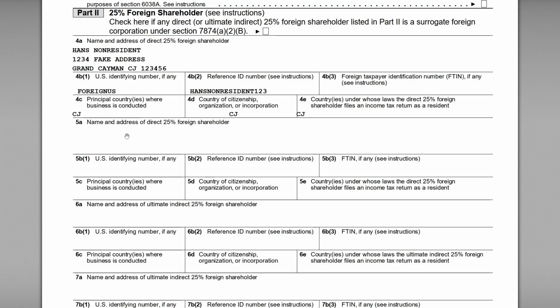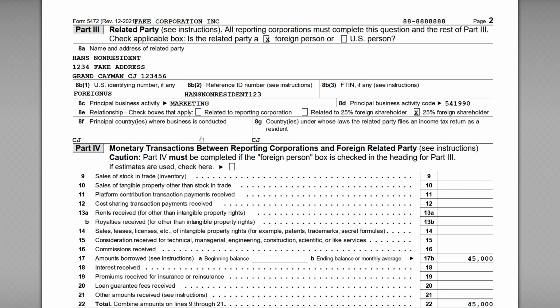Now, if you have multiple shareholders, so let's say Hans owned 50%, and then his friend Mark was also a Cayman Islands resident, and Mark owned the other 50%. We have Hans's information here and Mark's information as well, right? So list all of the direct 25% foreign shareholders.